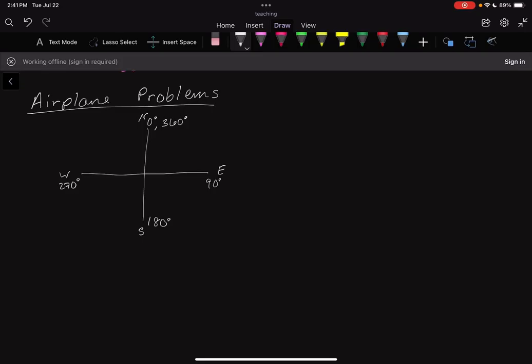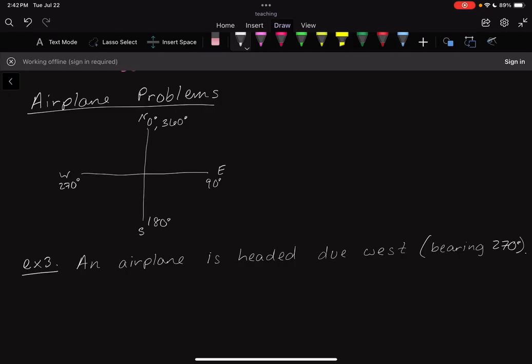So let me go ahead and write one out for us. So this is example 3. It says an airplane is headed due west, which means it's bearing 270 degrees.